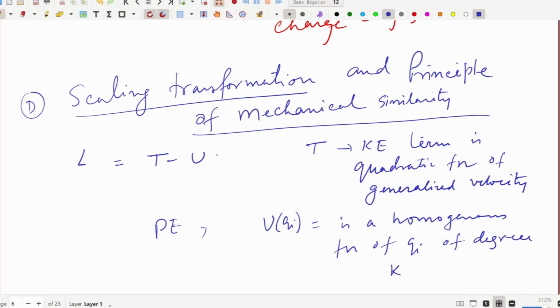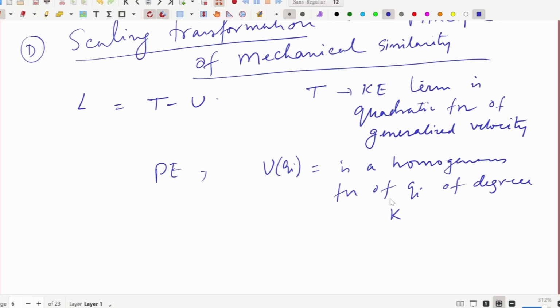So, k is some integer, can be positive or negative. We consider a system where the kinetic energy is a quadratic function of generalized velocity and the potential energy is a homogeneous function of the generalized coordinates of degree k, and we consider the following scaling.